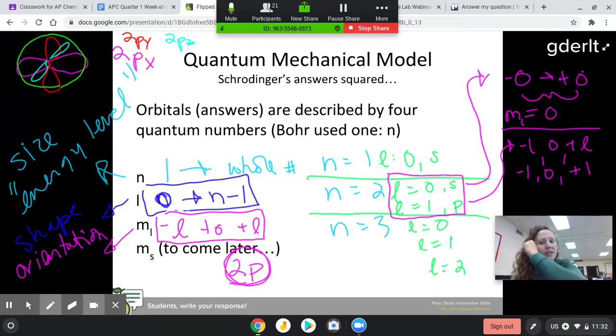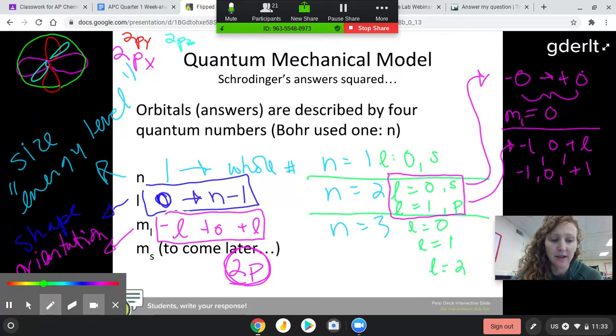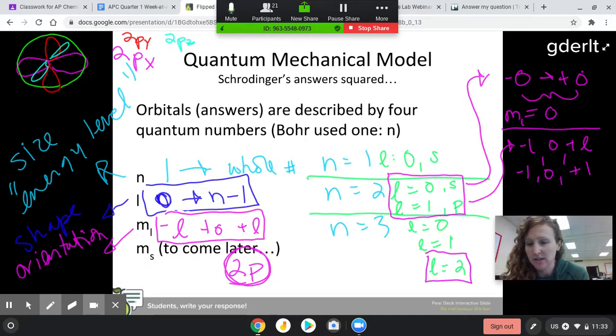Okay, so let's try this again. For 3D, so that's talking about, if I'm going to box it, it's talking about this one. How many different orientations or how many different magnetic quantum numbers can you have for the 3D suborbital? So work that out. I'll give you 30 seconds to work that out, and then we'll talk through it together.